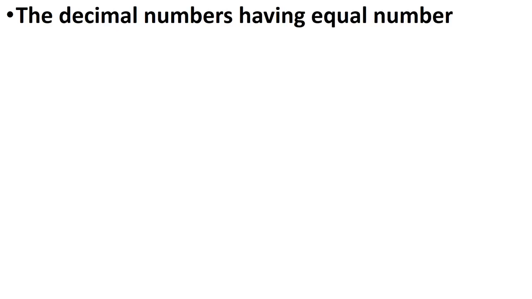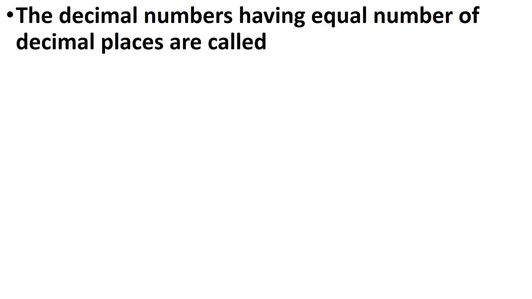The decimal numbers having an equal number of decimal places are called like decimals. Okay, if the decimal numbers have equal decimal places, then they are called like decimals.